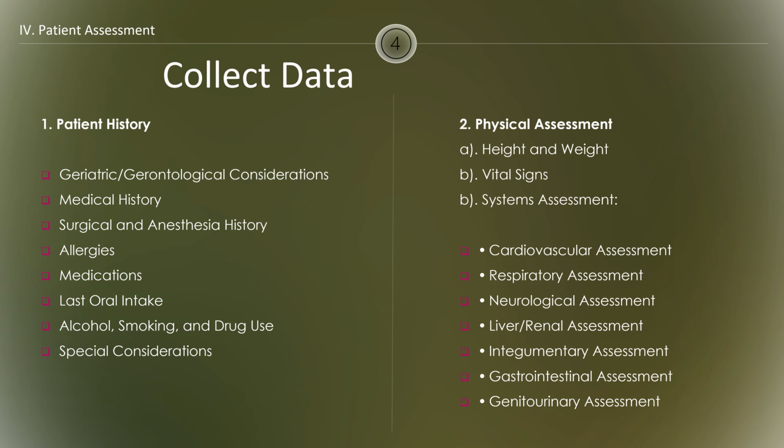This part is a little bit longer, collating the data about the patient assessment. First you start with patient history; complex medical, social and surgical history is essential. Questions might be sensitive and require reassurance and privacy.